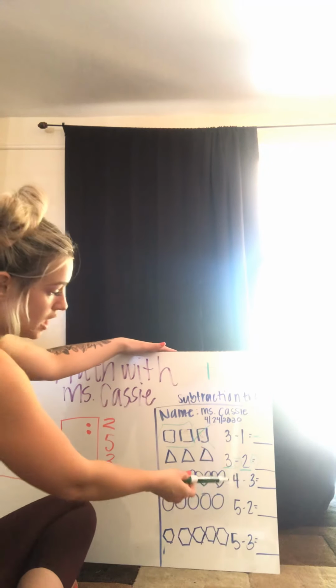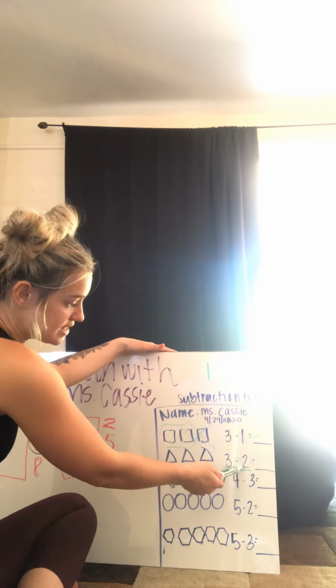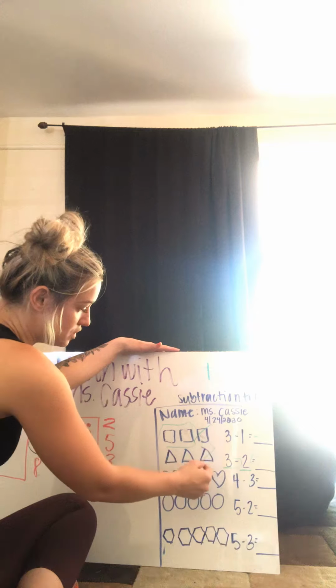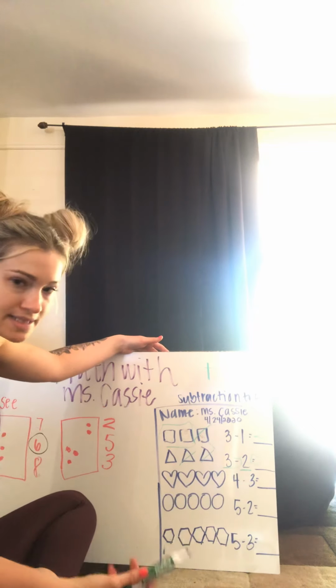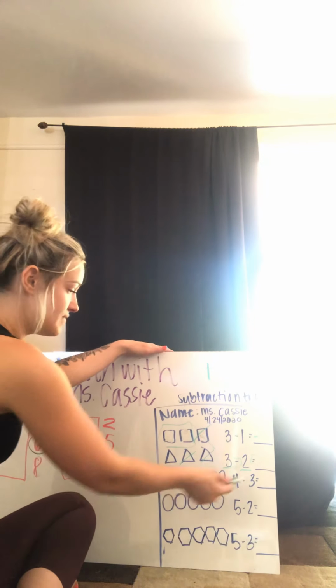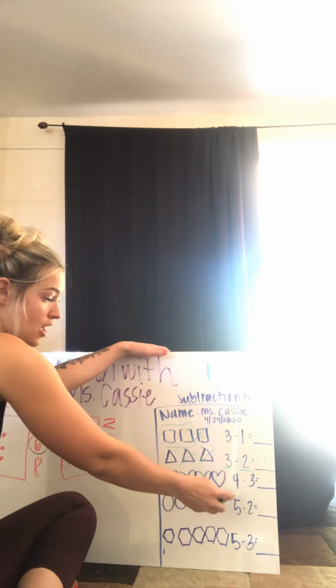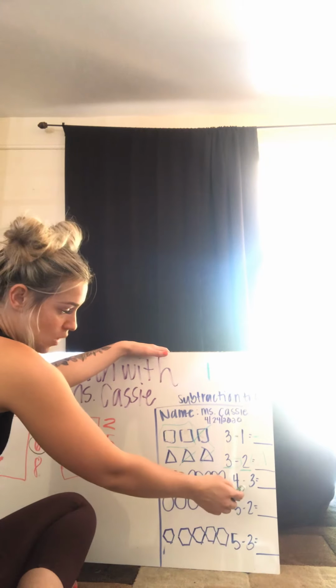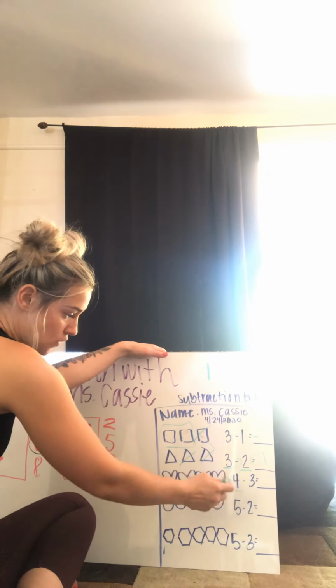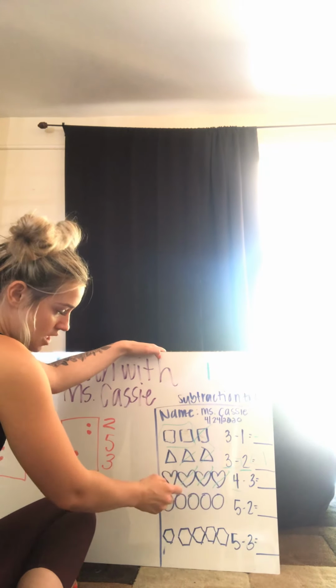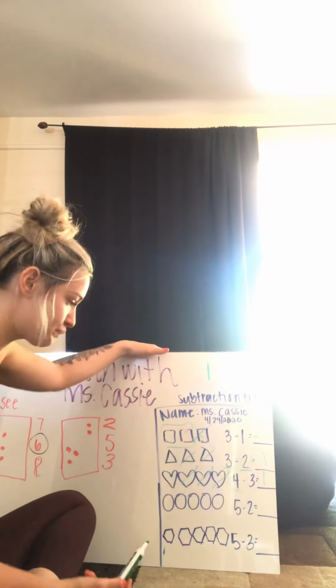So for this one, they should know that we have 3 altogether, and we're taking away how many? We're taking away 2. Whether they cross it out or color it, it doesn't matter. And then that leaves us with 1. Again, now we have 4 altogether. We're taking away or minusing 3, 1, 2, 3. And we're left over with 1.